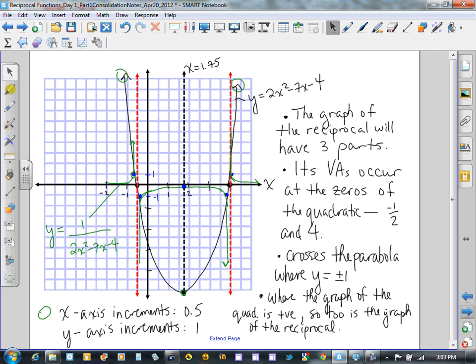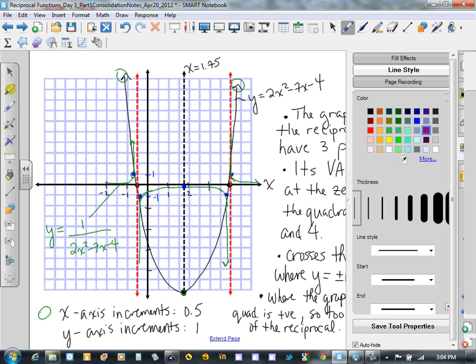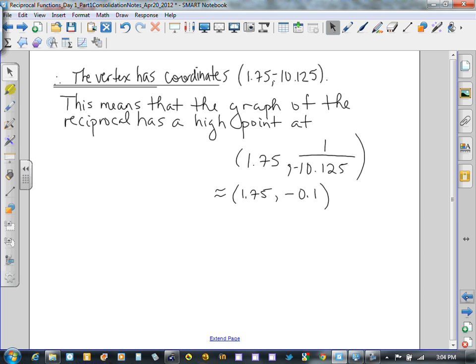And there we have the coordinates for that particular high point. The only other point that can be determined is that of the y-intercept. So the y-intercept, just grab a purple pen, is right here. Okay, so the y-intercept for the parabola, if we were to study that and make a note of that.